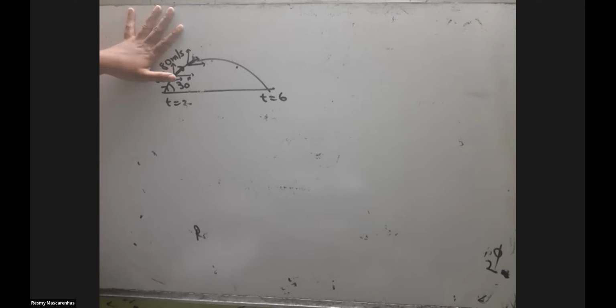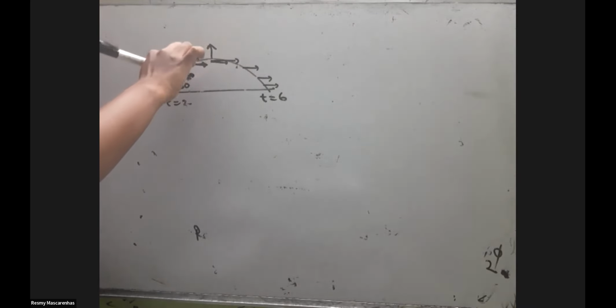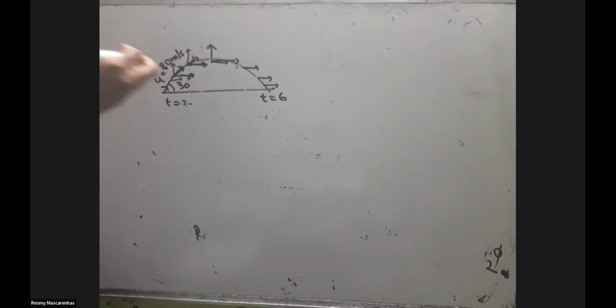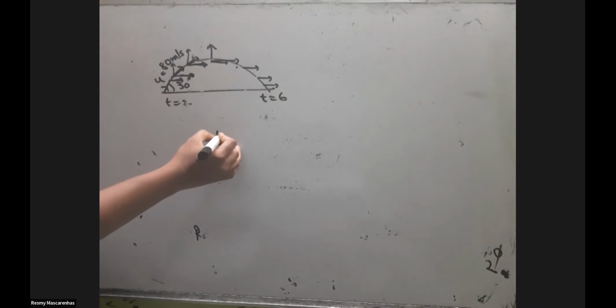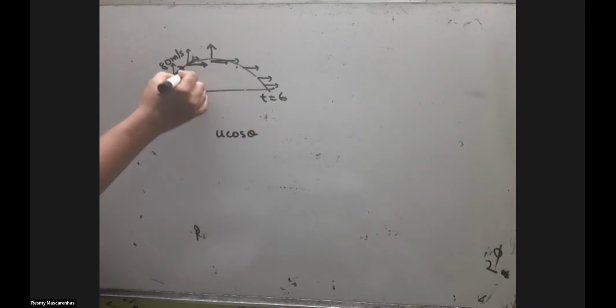So basically, there's no point finding the horizontal. It would anyway remain the same throughout. So what you have to do is find the vertical, which is changing. So what is remaining constant? U cos theta, the horizontal component everywhere.